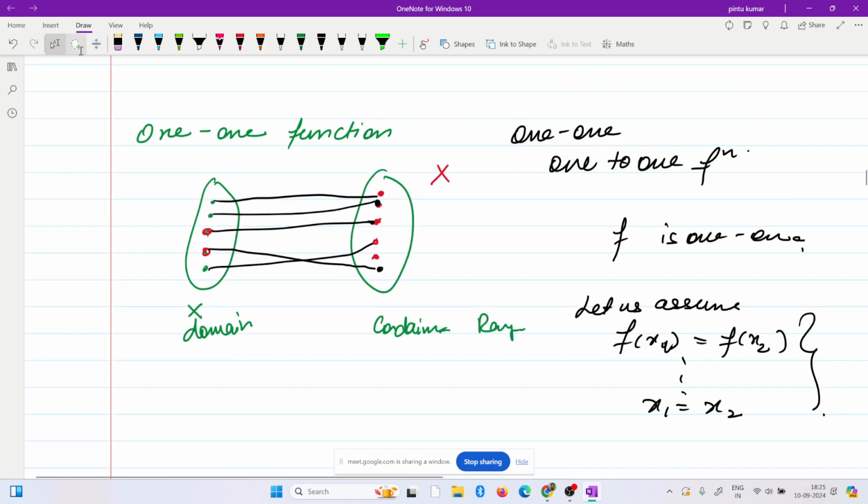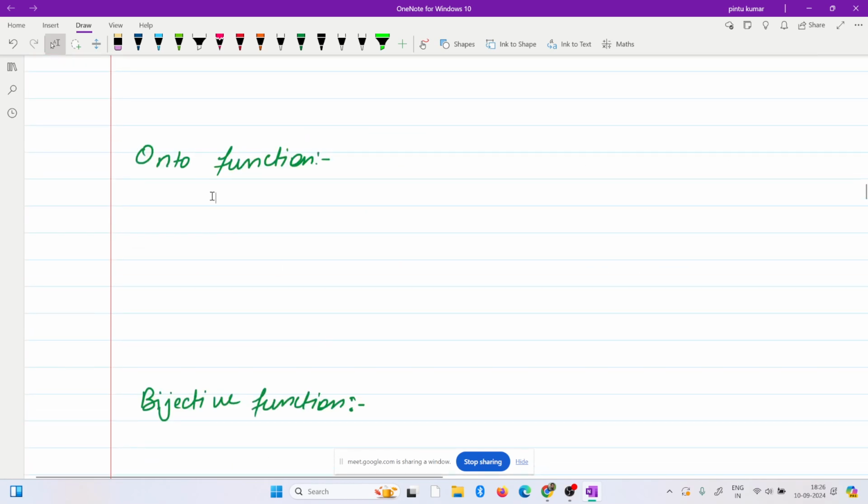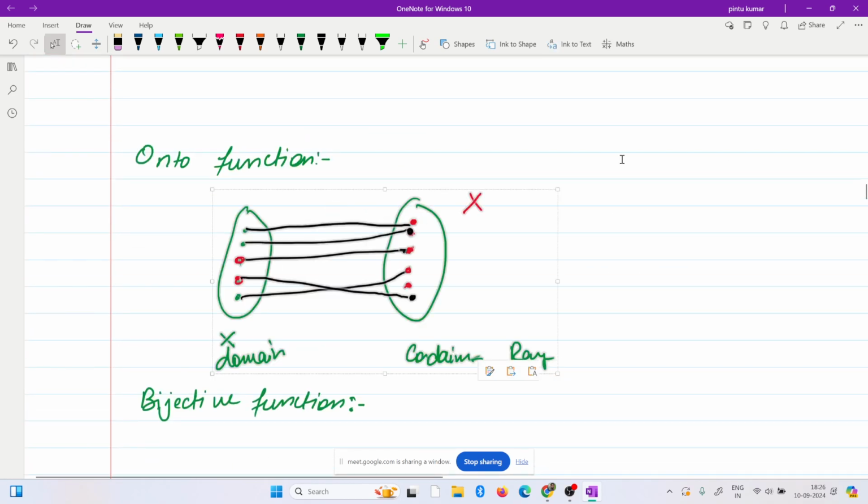Now, what is an onto function? I'll copy this particular image over here. You can see that here we left out an element.